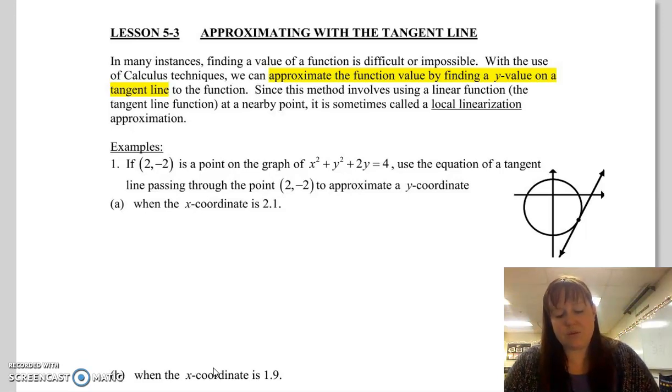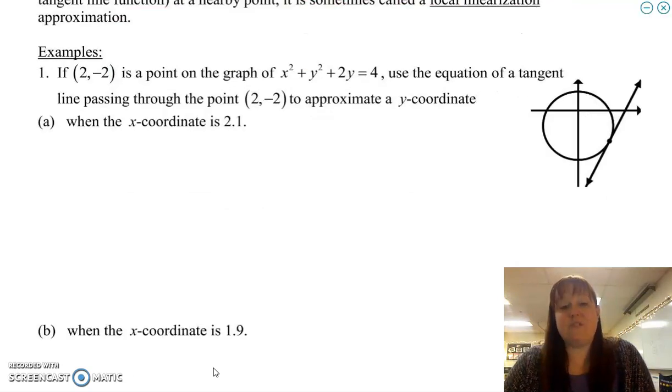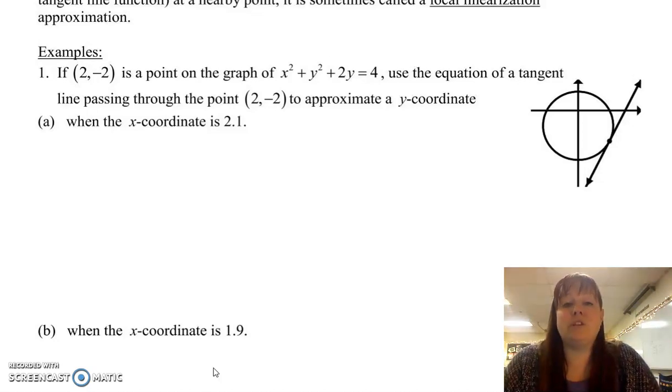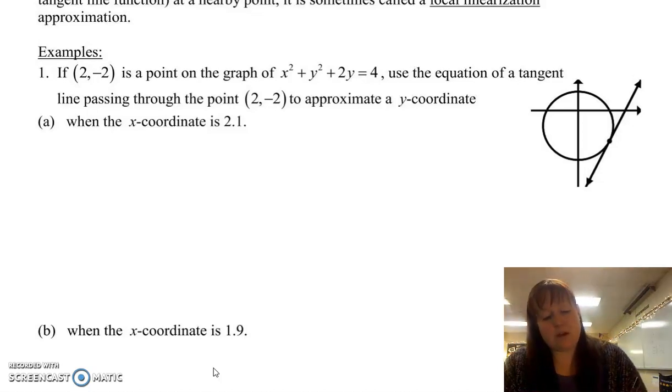So the first thing we do is find the equation of the tangent line. Here we have this function, and for the equation of the tangent line, an equation needs a point and it needs a slope. The slope of the tangent line is going to be the derivative, so let's go ahead and derive that.